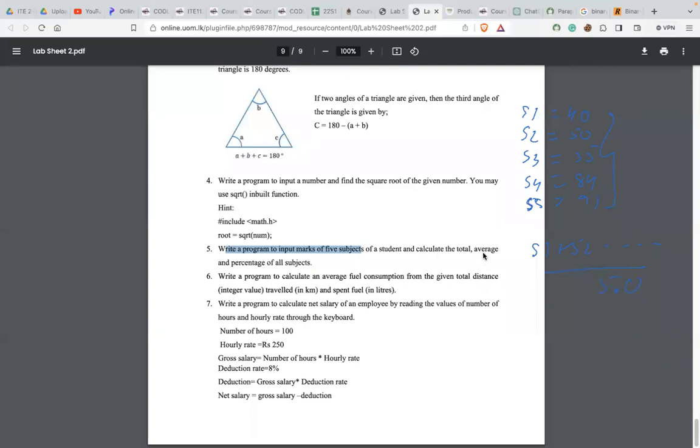And the question was average and percentage. Actually, percentage and average may be the same. Yes, you are correct. There's no difference between percentage and average, so you can ignore the percentage; just the total and average are enough. Total and average. Okay, any questions?